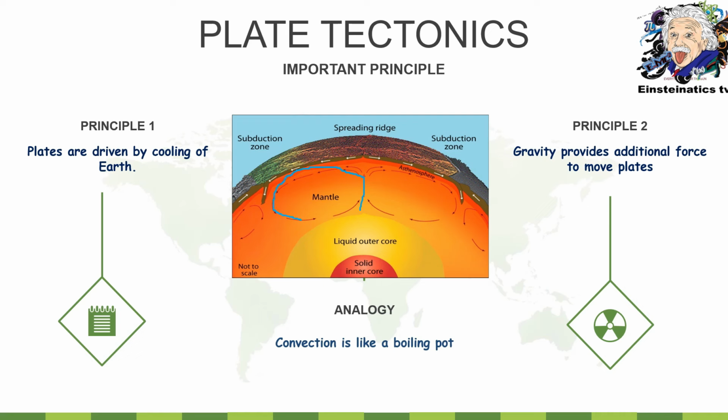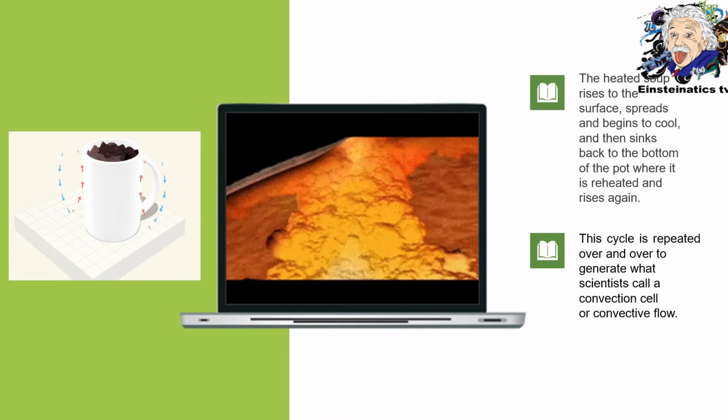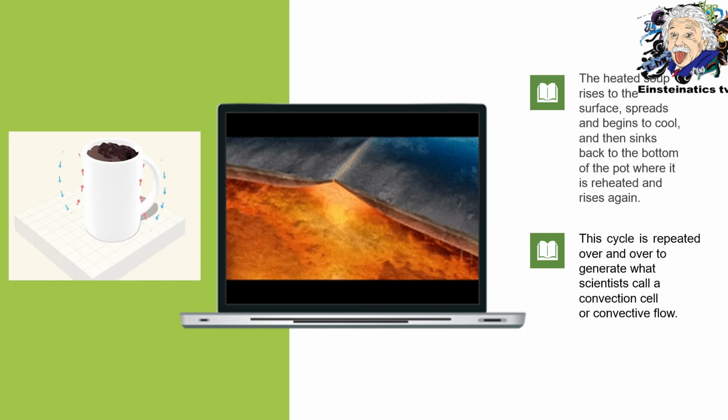So ayan, and then when it reaches again a certain temperature, tataas na naman uli siya. So mapapansin mo na ito ay cycle. Yung cycle na to ay tinatawag na convection current. Together with gravity, yung convection current are the reasons kung bakit gumagalaw yung mga lithospheric plates.